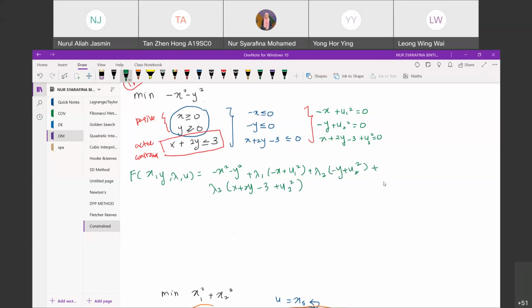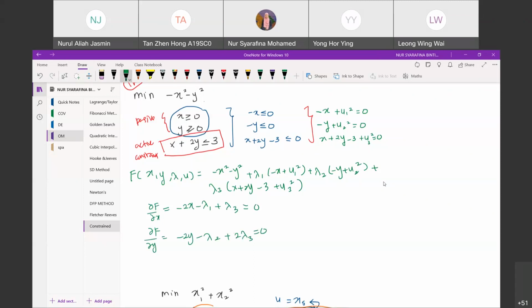Then the Kuhn-Tucker condition is del f del x equals 0, which is minus 2x minus lambda 1 plus lambda 3. Just differentiate f with respect to x equals 0. Then del f del y: minus 2y minus lambda 2 plus 2 lambda 3 equals 0.